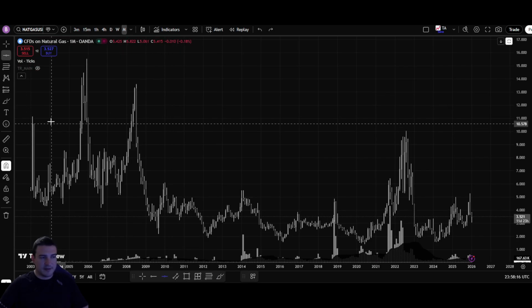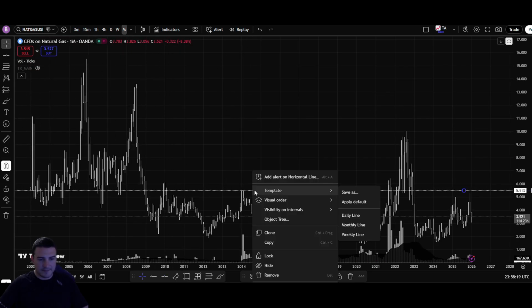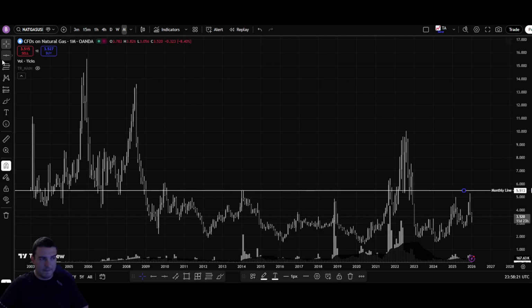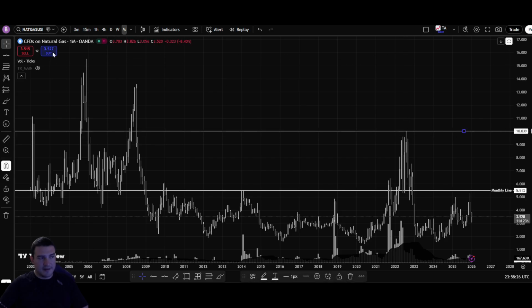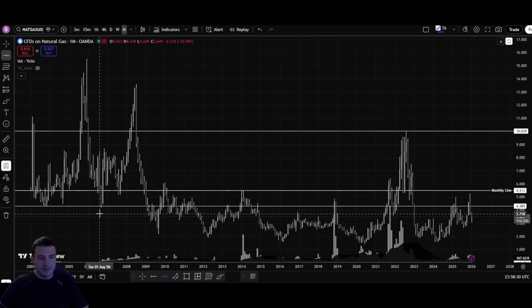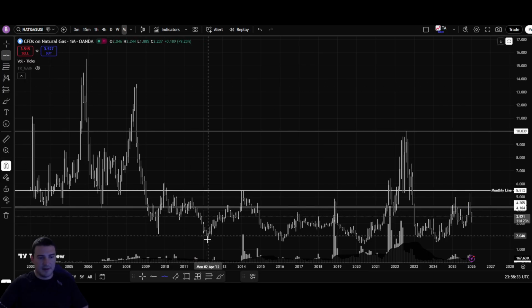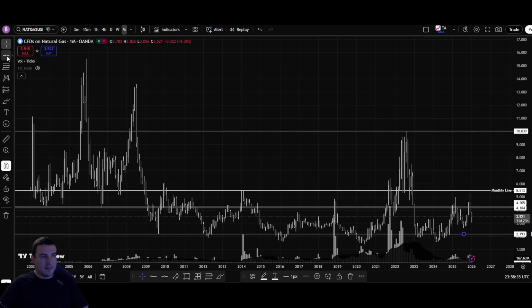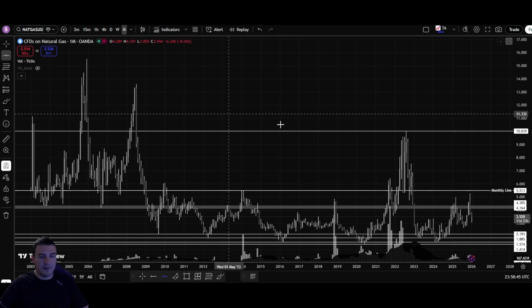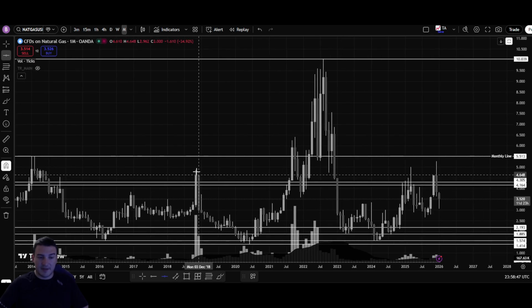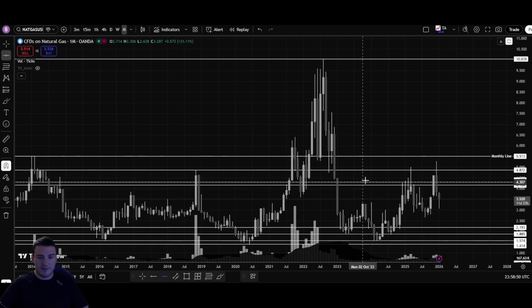So monthly chart, natural gas, we're going to draw our lines, mark them as monthly. Let's just focus on lines that are going to be in play because this thing is another chopper, just like oil, which maybe that's a lesson I've just learned here: commodities, things that are relied upon in everyday life and economies throughout the world, they'll chop around because they're not meant to have crazy moves.